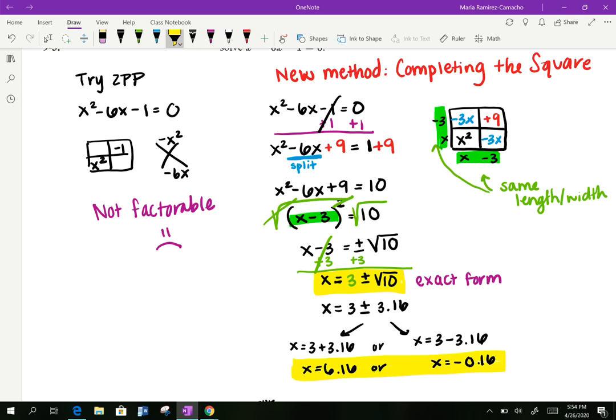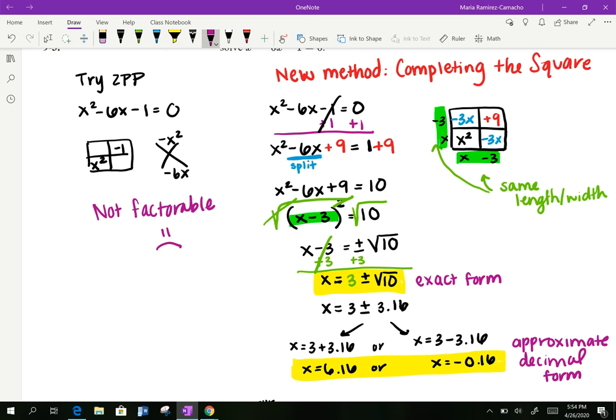Okay, so these are our solutions in approximate decimal form. It's nice to have it in approximate decimal form because sometimes you're asked to graph a parabola, and if you know where the x-intercepts are, you know one is at 6.16 and you know the other one's at negative 0.16, it's easier to plot it.